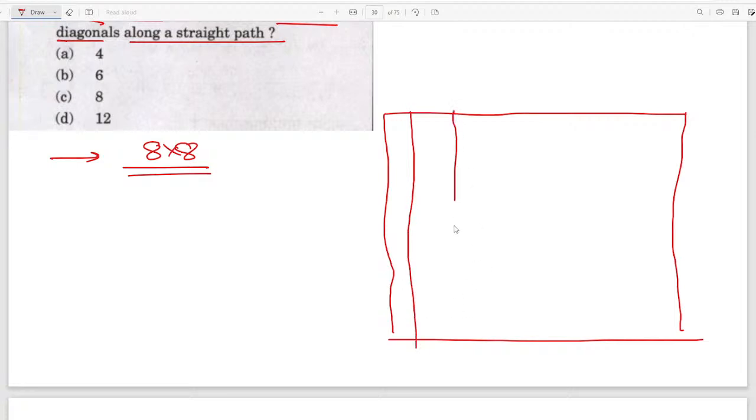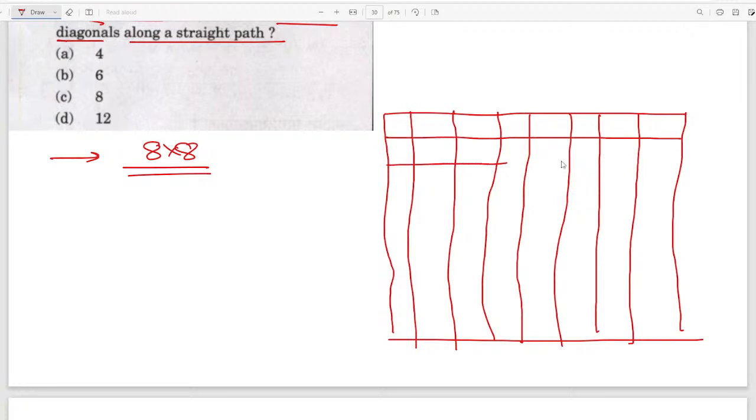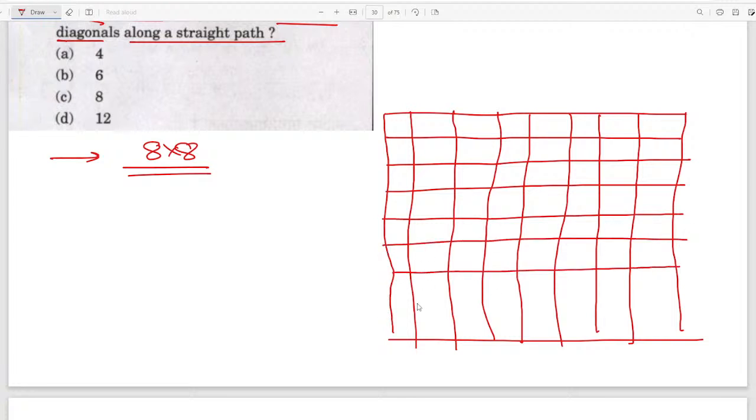One, two, three, 5, 1, 2, 3, 4, 5, 6, 7, 8. 1, 2, 3, 4, 5, 6, 7, 1, 2, 6, 7, 8, 3, 5, 6, 8.